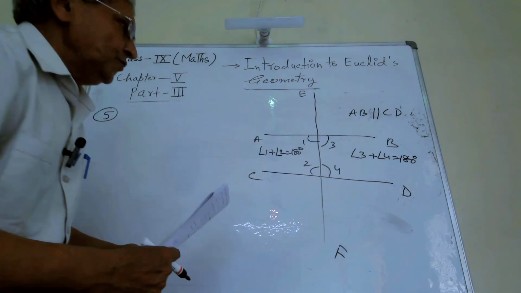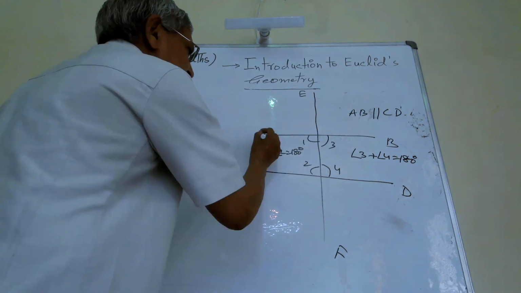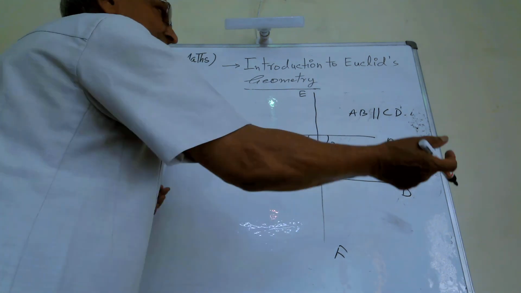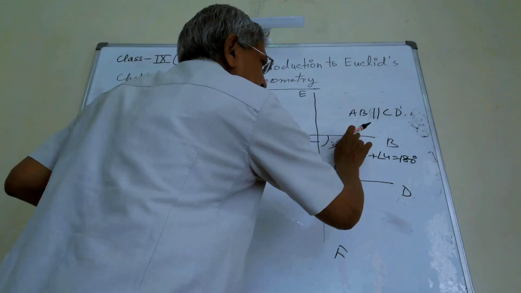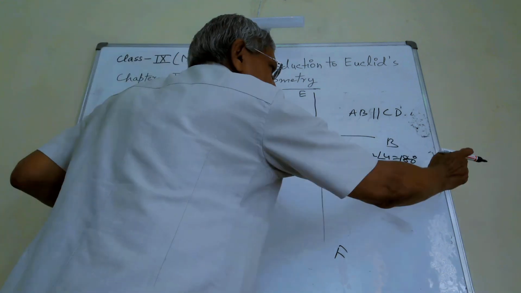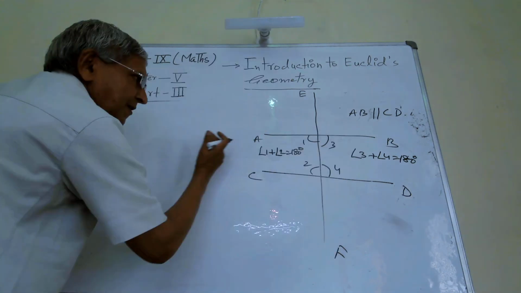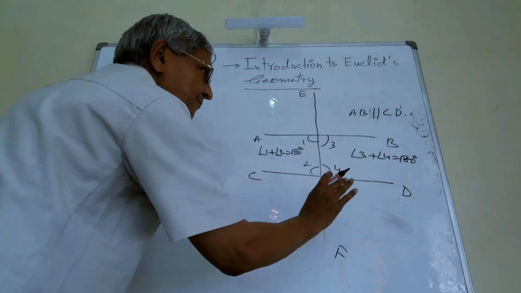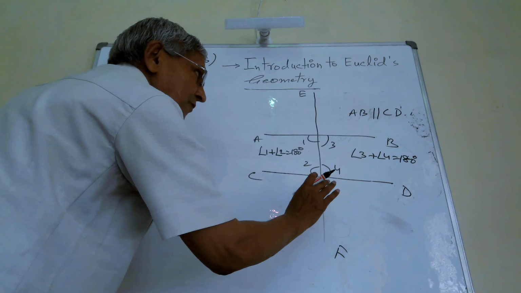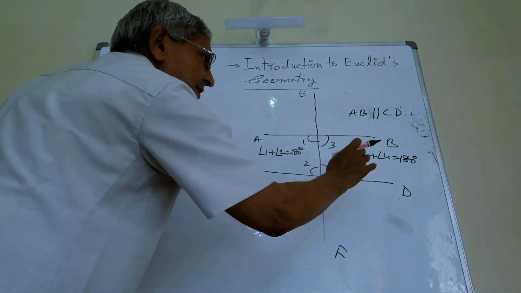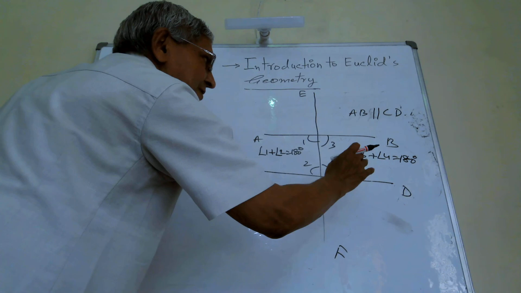If you produce these lines on the right side, they will never meet. If you produce them on the left side, they will never meet, because the sum of the interior angles is 180 degrees on both sides.